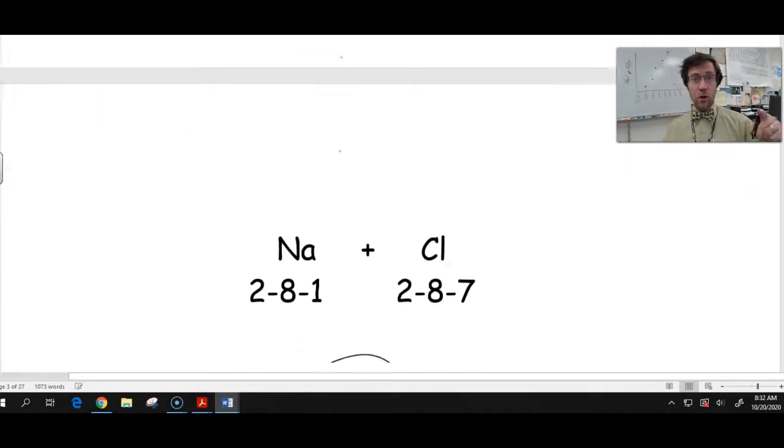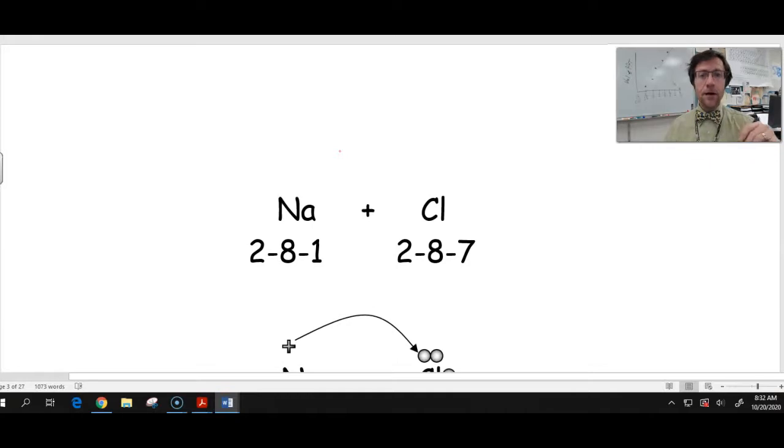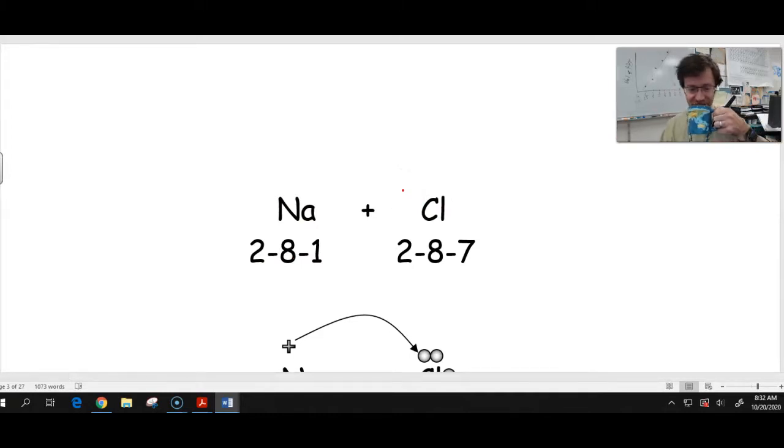Not bad, huh? So let's look at this from the perspective of what's going on with their electrons. With sodium and chlorine, if you just put these two elements near each other, you will have what we call a vigorous reaction. And here's why.